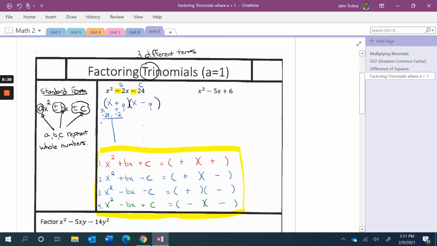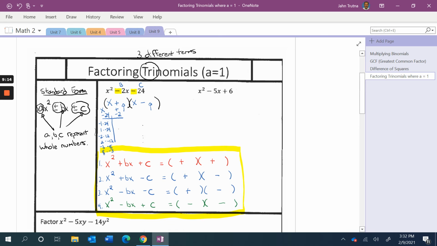And here's how you're going to figure this out. You are going to make a list of all the pairs of numbers that you can think of that multiply together to make -24. -1 times +24. +1 times -24. What else? Ooh, -2 times 12. 2 times -12. -3 times 8. 8 times -3.